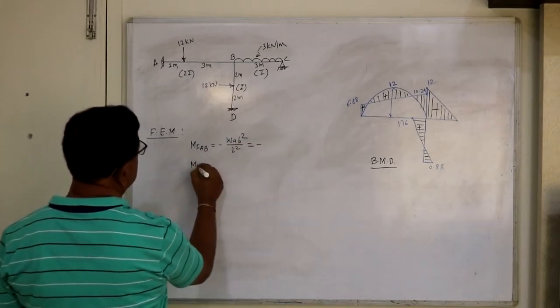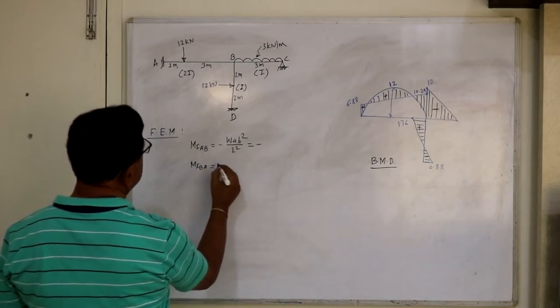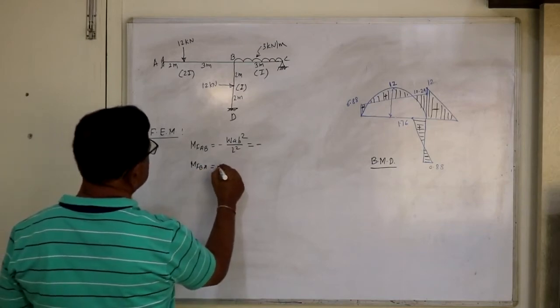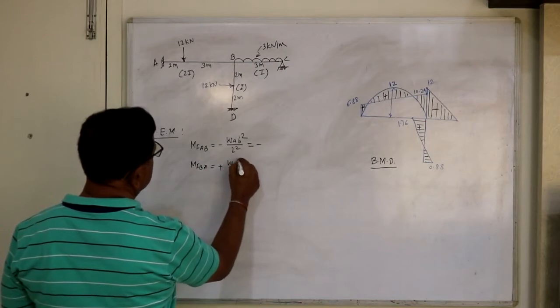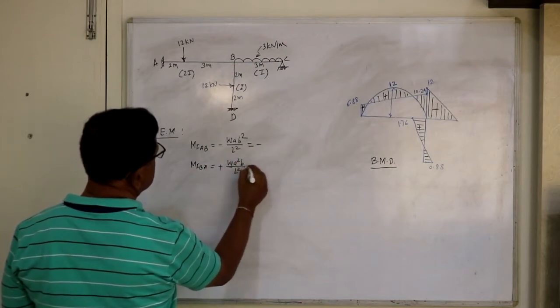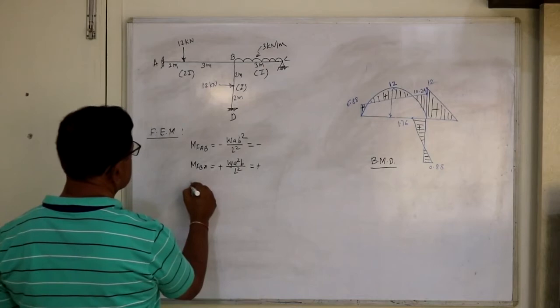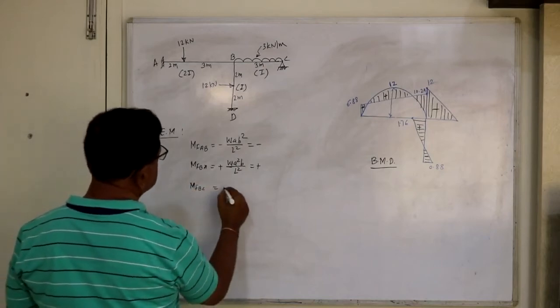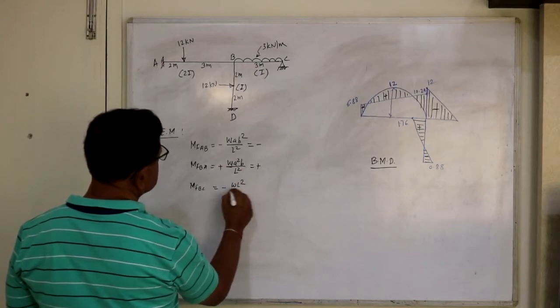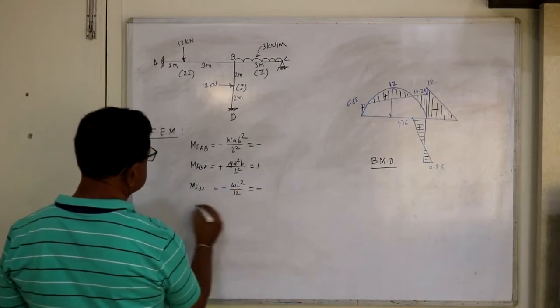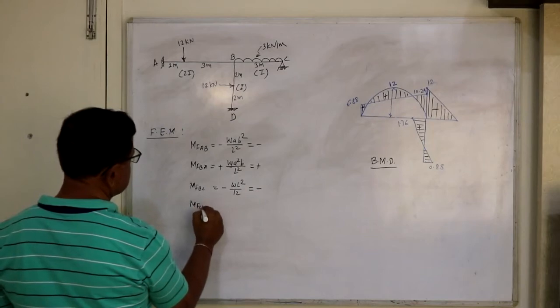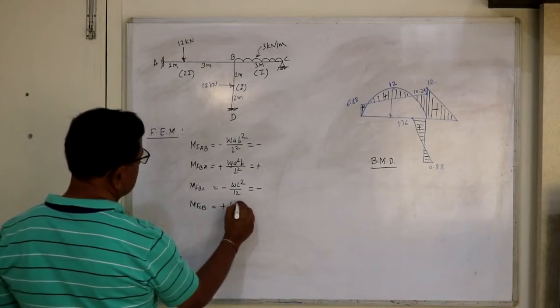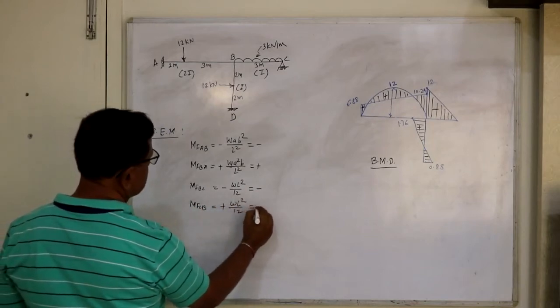Then MFBA equal to plus Wa square b upon L square, because this is an eccentric load. Then MFBC equal to minus WL square by 12. Then MFCB plus WL square by 12.